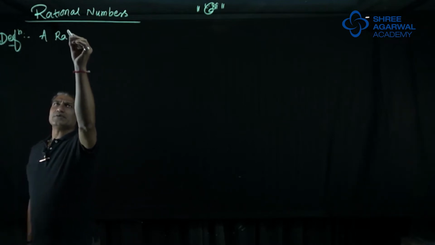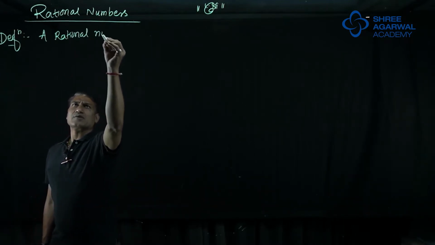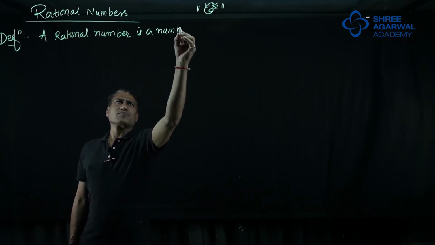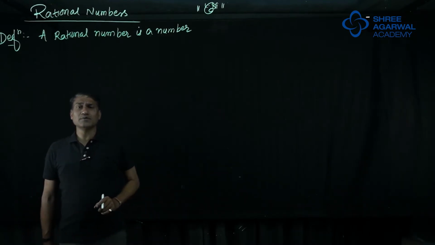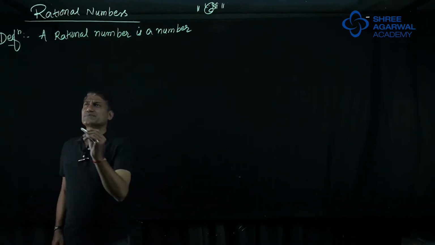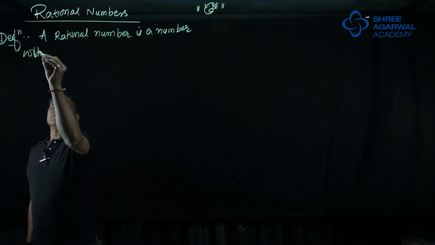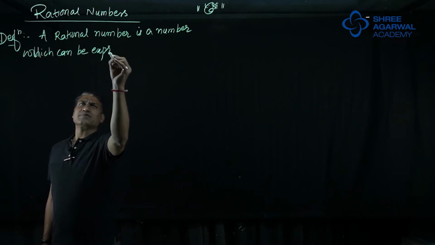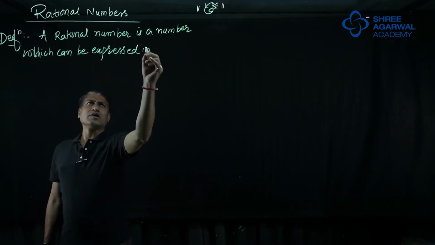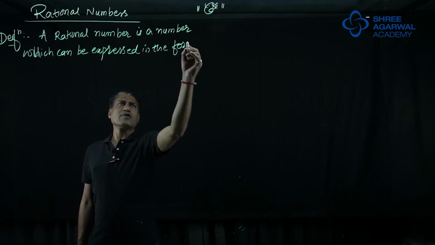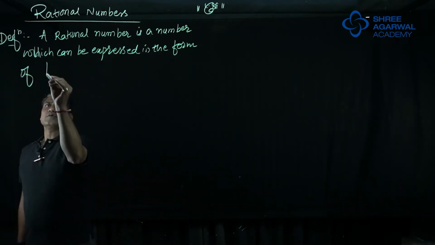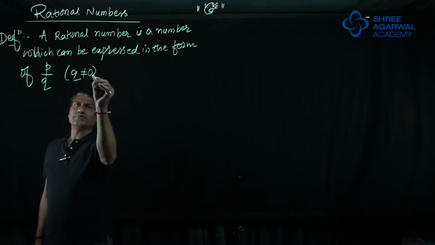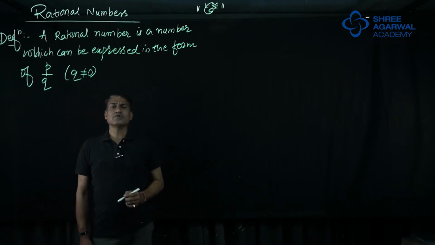A rational number is a number which can be expressed in the form of P upon Q. Condition: Q should not be 0, the denominator should not be 0.